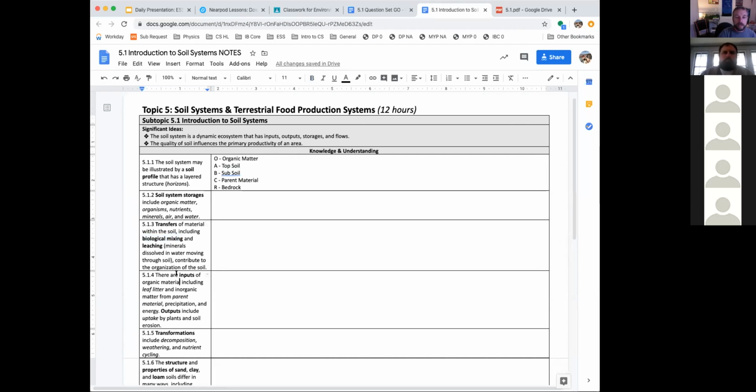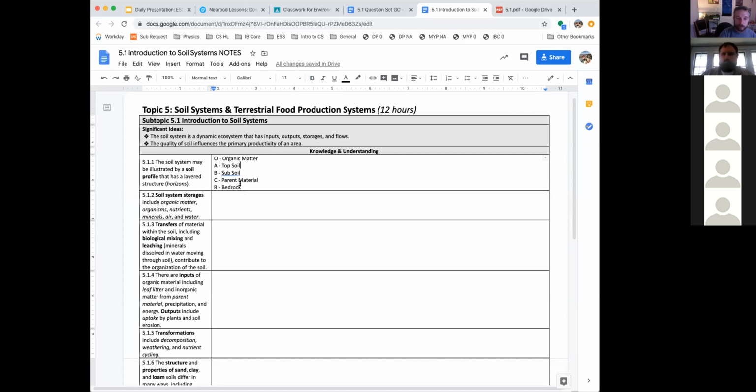All right. Inputs, there are inputs of organic matter. So leaf litter, dead leaves on the surface, break down and they end up decomposing. And those nutrients are then available in the topsoil. So that's a top-down input.